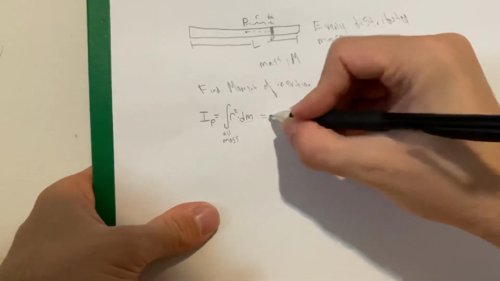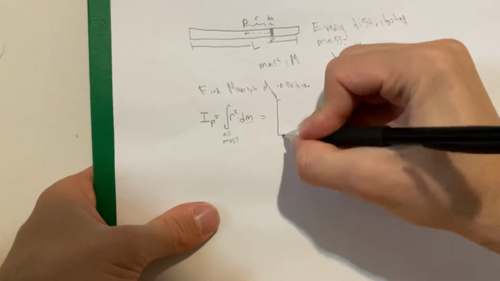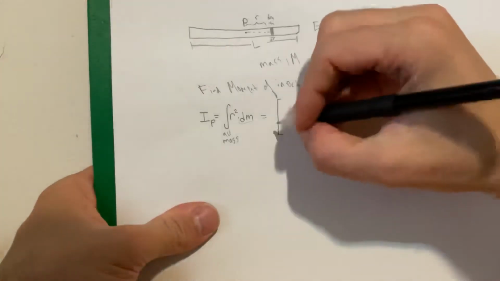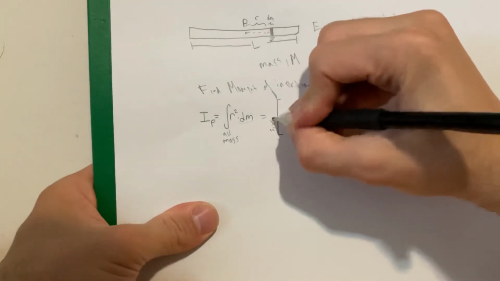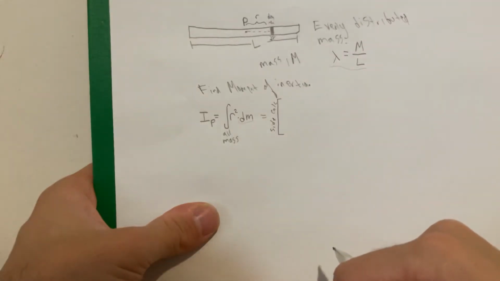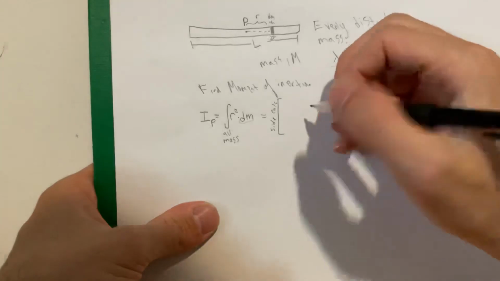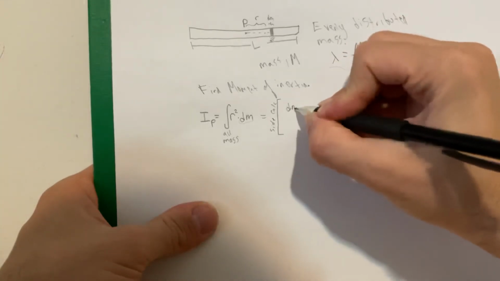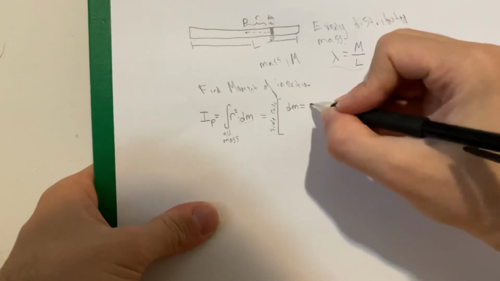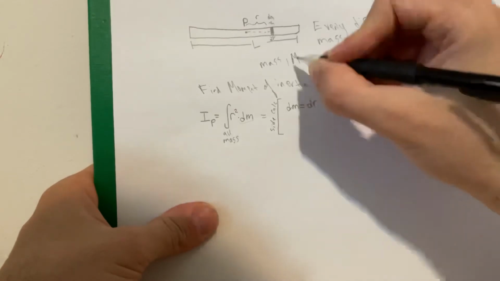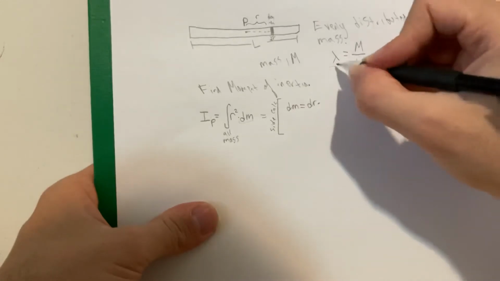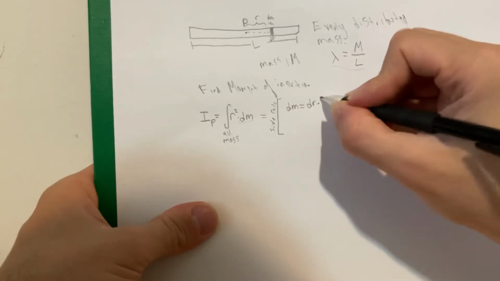So I'm going to do that over here. I'm just going to put a little side calculation. So I put up the brackets to say it's a side calculation. Side calc. Well, dm in terms of r, we'd write dm is equal to dr, that small little length over here, times the linear mass density.